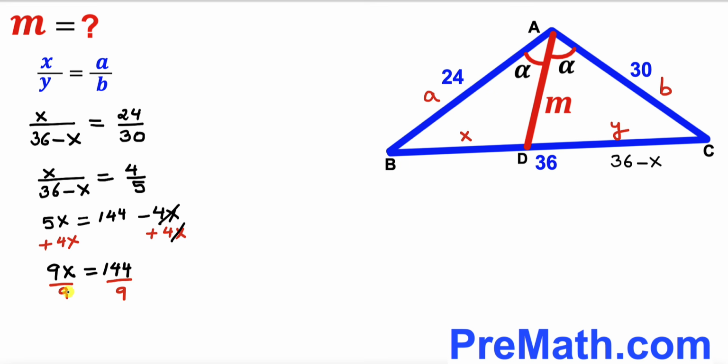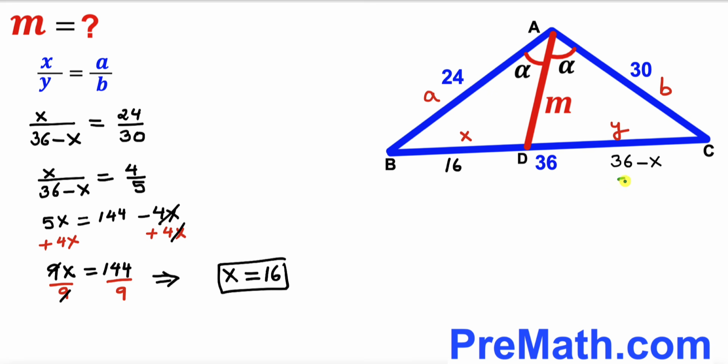And now I'm going to divide both sides by 9 to isolate x. And here we can see 9 and 9 is gone. So therefore our x value simply turns out to be 16. So thus this x segment value turns out to be 16 units. And moreover, we know this segment CD length is 36 minus x, and our x value is 16.